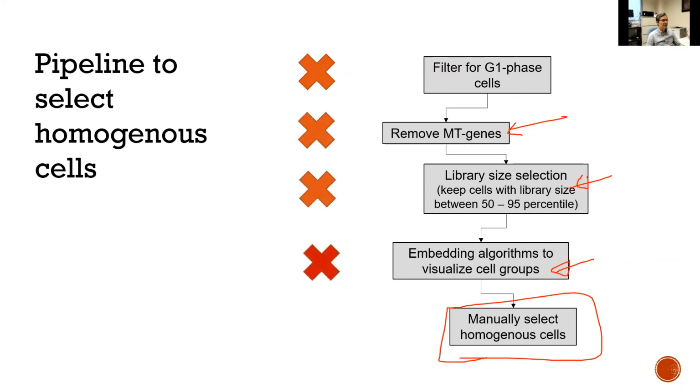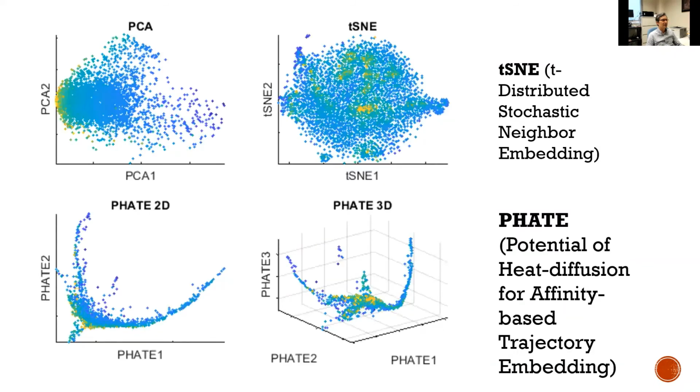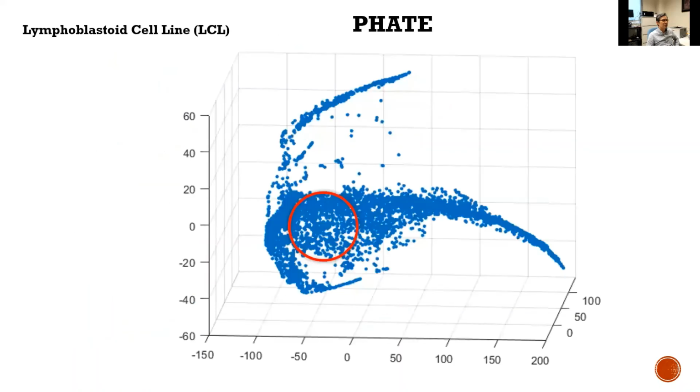After all these steps, we come to visualization, and we know PHATE can show the structure among cells. For the same set of cells, the representation in the dimension embedding is different, and this gives you more separation of the data points. So we use PHATE as our visualization tool and select a group of cells in the center of this group.